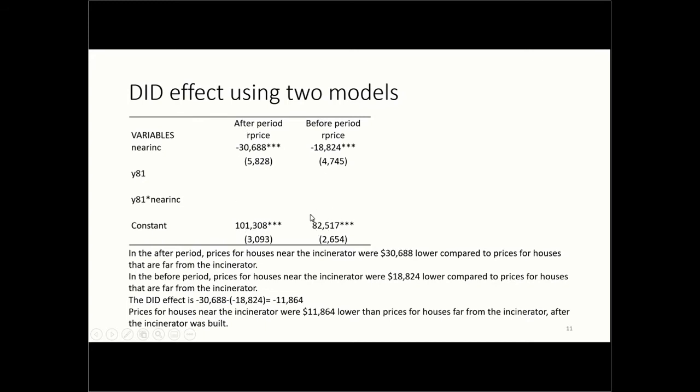Likewise, these are the house prices for houses that are far from the incinerator, the control group, in the before period. And if you sum up these coefficients, this will be the house prices of the houses near the incinerator in the before period.